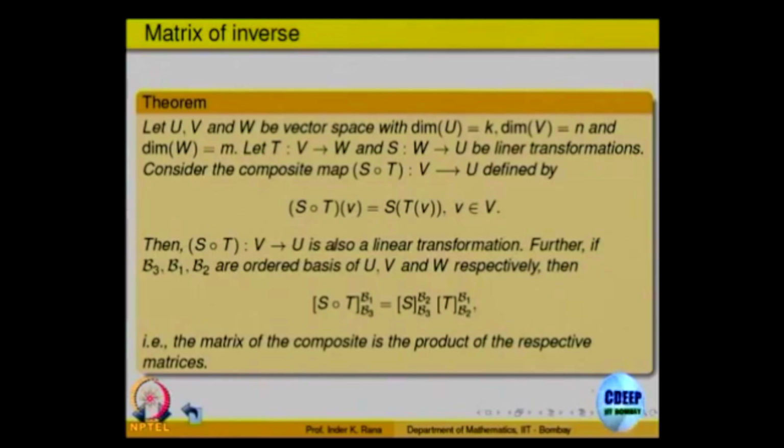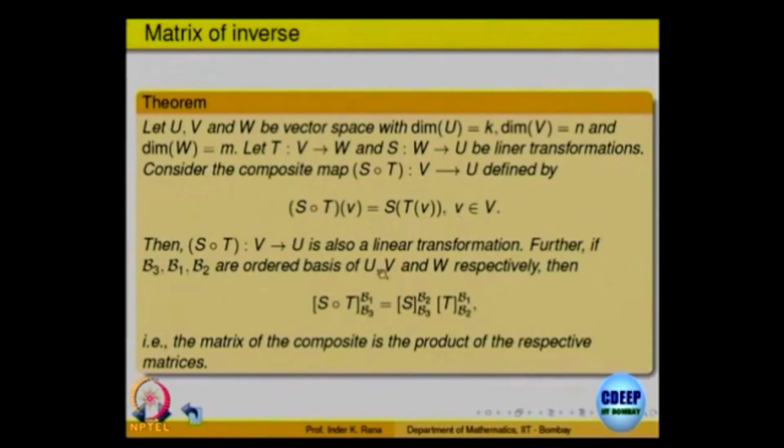Now what we want to do is find a relation. Supposing on V I fix a basis, on W I fix a basis, and on U I fix a basis. Then I can find the matrix of T, I can find the matrix of S, and I can also find the matrix of the composite.